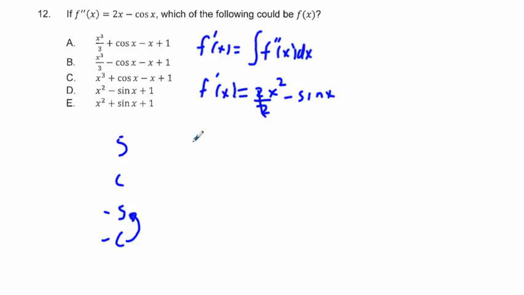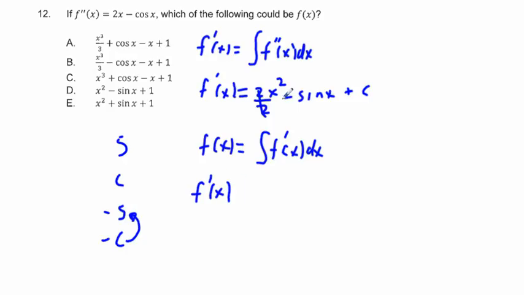And then we have f of x is going to be equal to the integral of f prime of x dx. And I forgot here this plus c, the constant of integration. So here we're going to have f of x is going to be the integral of this x squared, which is going to be x cubed over 3.